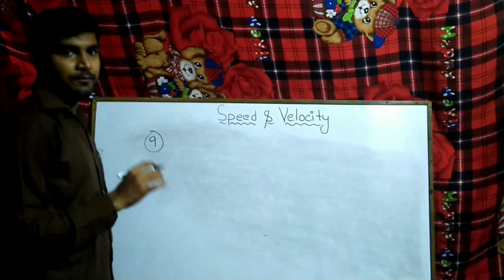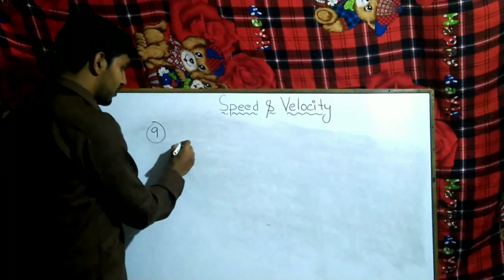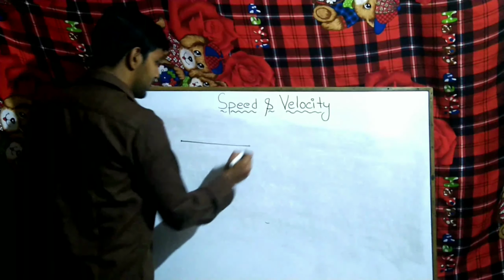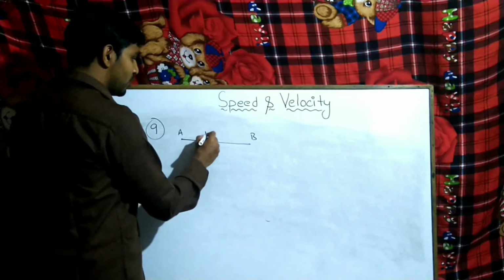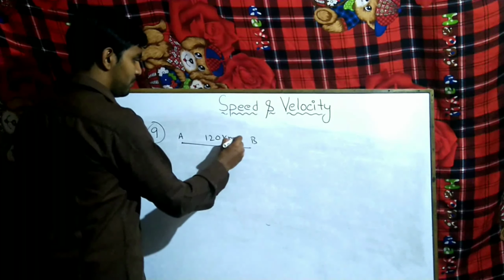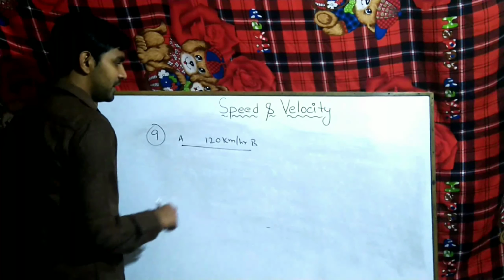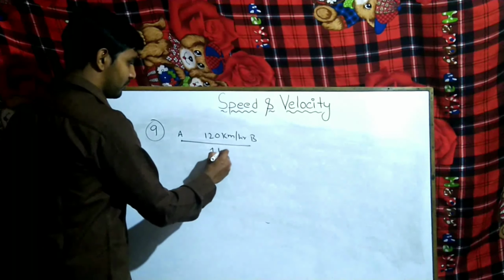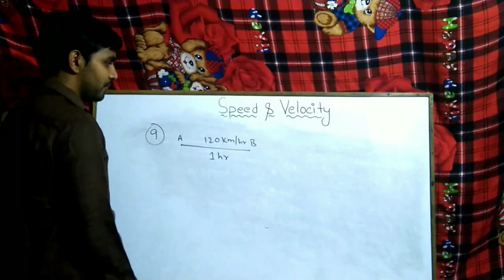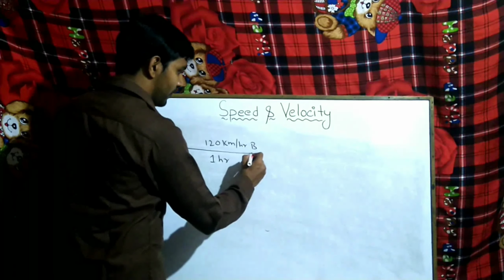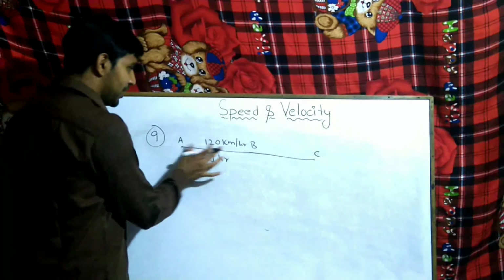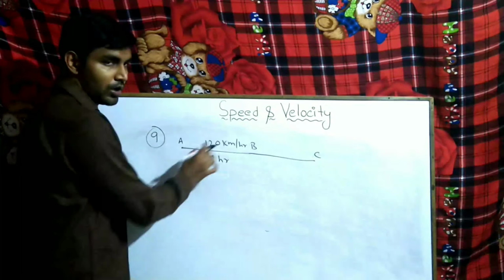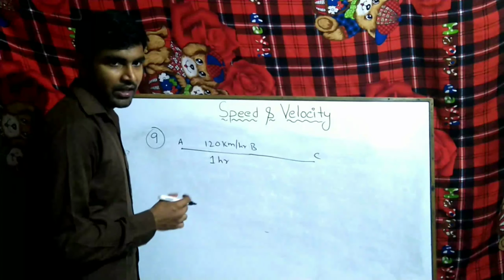Now in problem 9, say, if a body moves from point A to B with a speed of 120 km per hour and it takes time 1 hour. From A to B it takes 1 hour to complete how much distance? 120 kilometer.